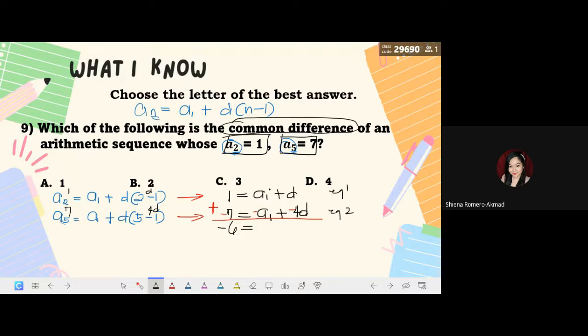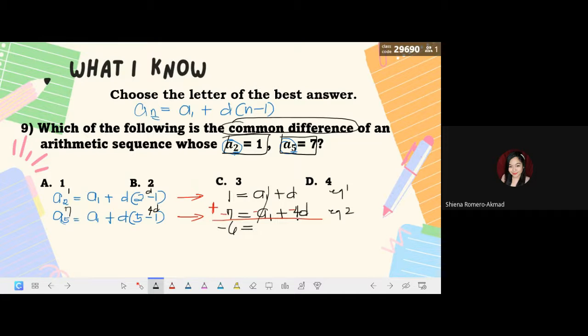Then positive A sub 1 plus negative A sub 1. That gives us, automatic na yan, cancel na yan. Why? Because this is 0. A sub 1 plus negative A sub 1, or should I say A sub 1 minus A sub 1? 0 na yan.